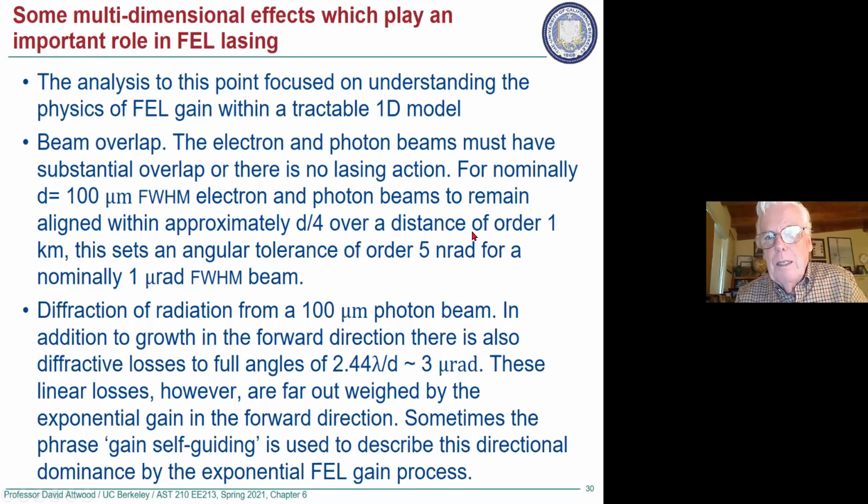And that has to be over a distance of 1 kilometer, because that's the spread of the undulators. It's true, I told you that the actual magnetic length was less than that by 1/10, but they're actually spread out further. There's some distance between the different insertable magnet structures. And so you need to maintain this alignment till you get out of the last undulator. And so this sets an angular tolerance of order 5 nanoradians.